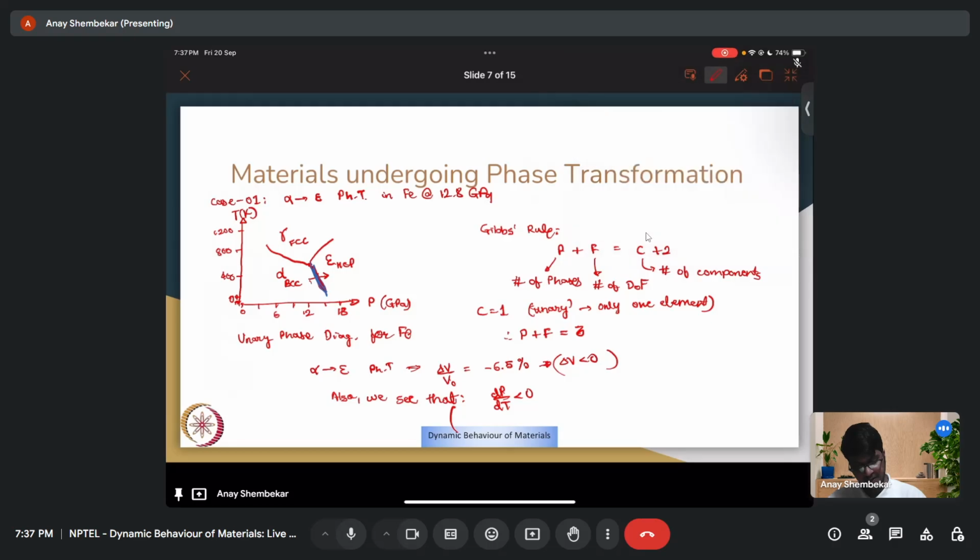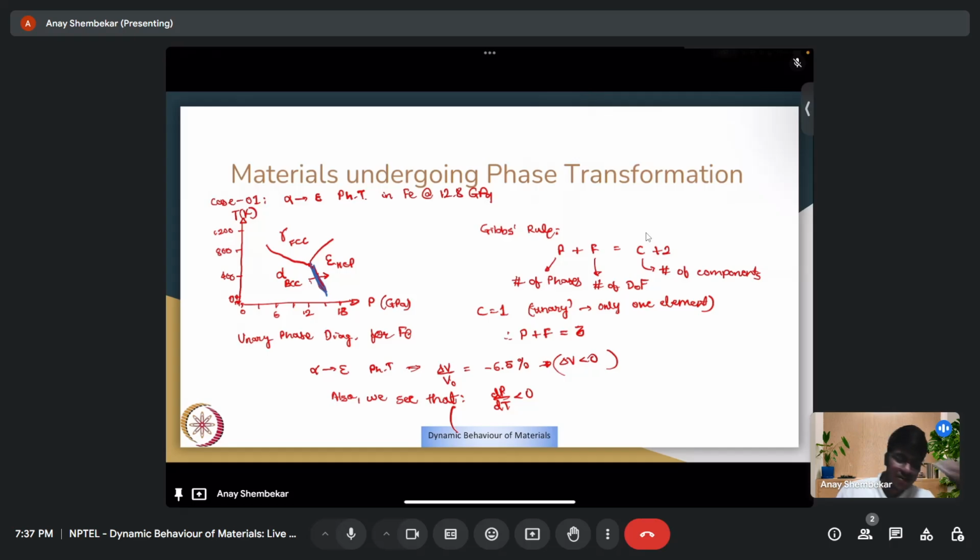This is the one that we are interested in. You can see that as temperature increases for the transformation phase, pressure seems to decrease, which means dP by dT is negative. So combining this volume reduction and dP by dT with our Clausius-Clapeyron equation, we get the condition that delta S must be greater than 0, which means entropy increases with phase transformation.